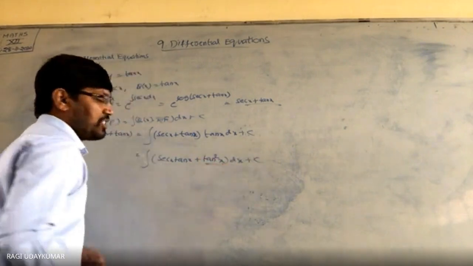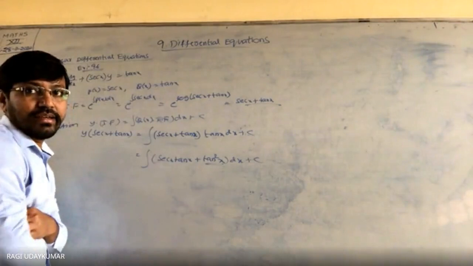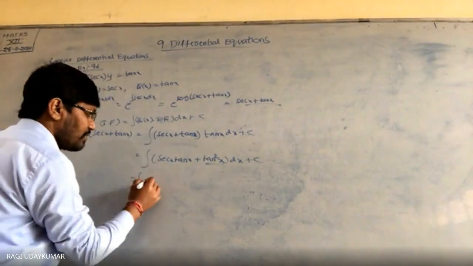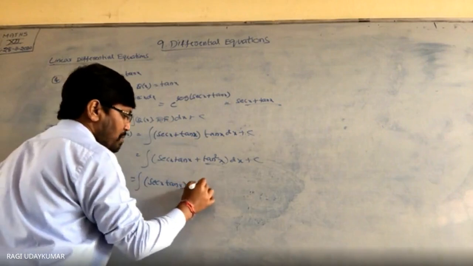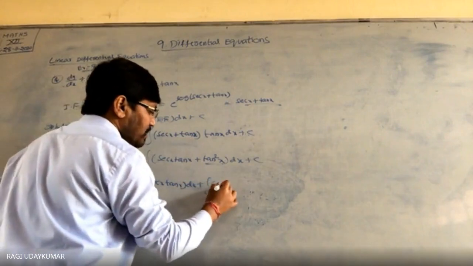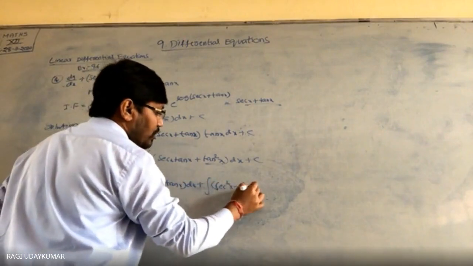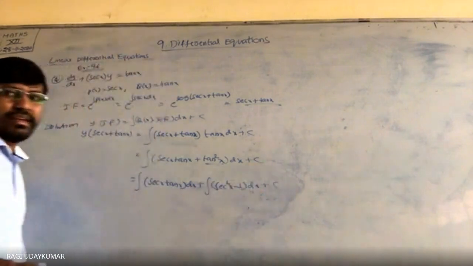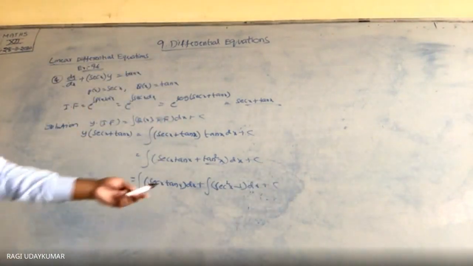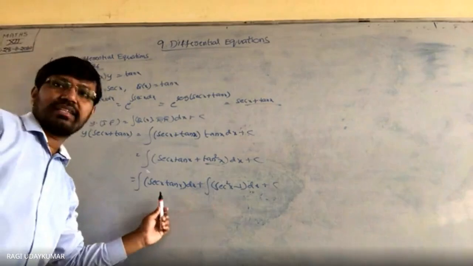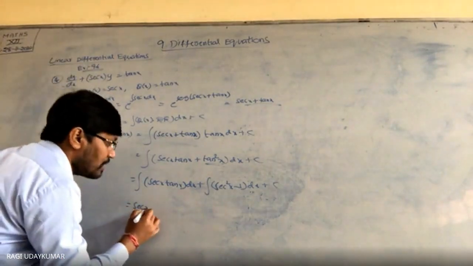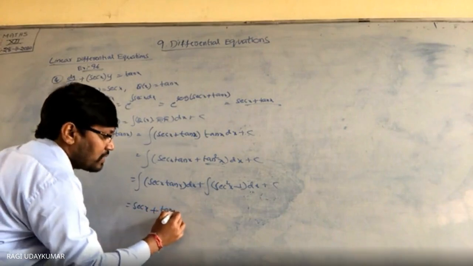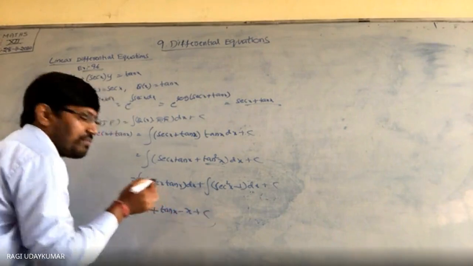Integration of tan square x is not known directly, but integration of secant x tan x is. So write integration of secant x tan x dx plus integration of secant square x minus 1 dx. There is nothing in it. Finally the solution comes: integration of secant square x is tan x, integration of secant x tan x is secant x. So the final answer you are going to get is secant x plus tan x minus x plus c. This is the final solution.